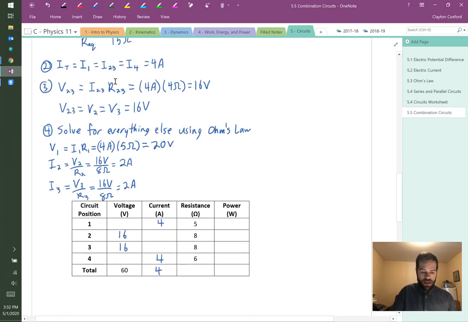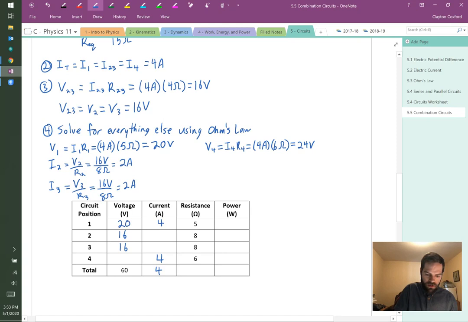And then the last thing is finding the voltage drop across resistor 4. So it's going to be I4R4. It's 4 amps running through 6 ohms, which is 24 volts.